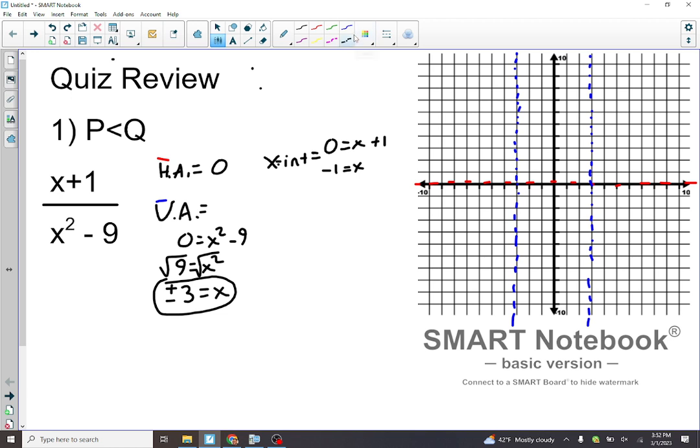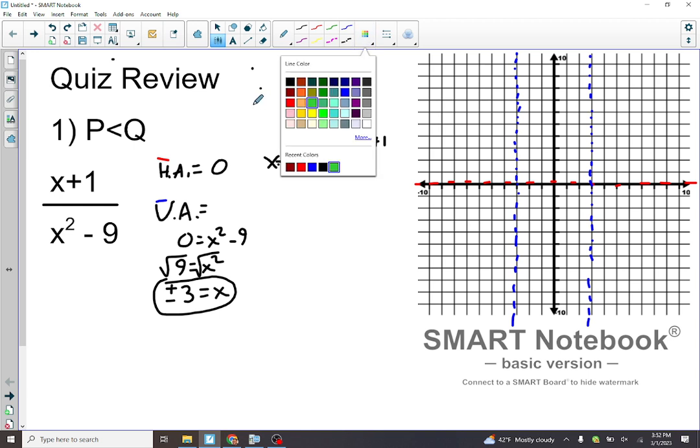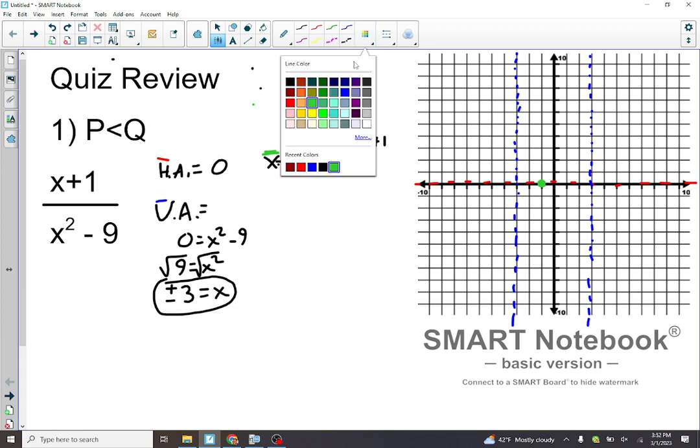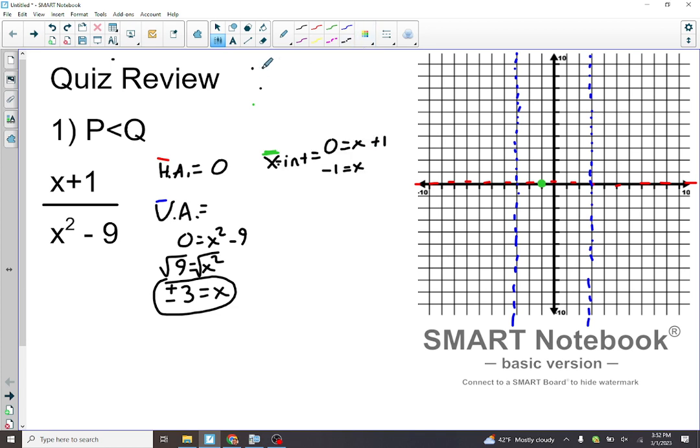Yes. And then green over here. So this is x at negative 1. This is on the asymptote. That's okay. We'll talk about what we're going to do with that. It's literally on the asymptote. Sometimes that happens, and that's okay. The other ones will show problems where it doesn't happen.